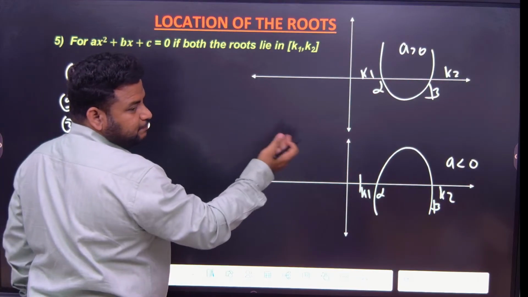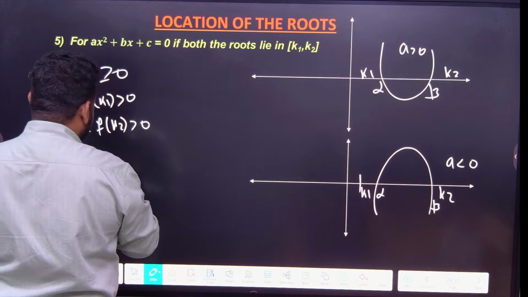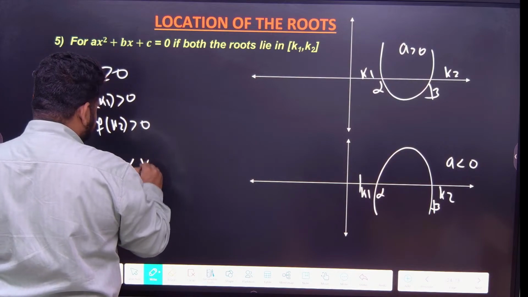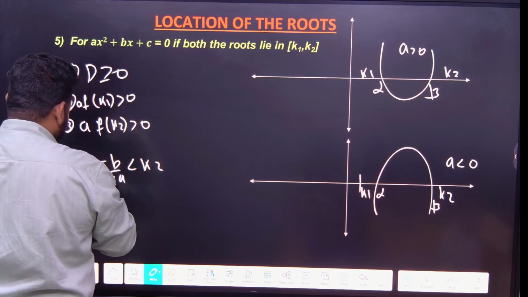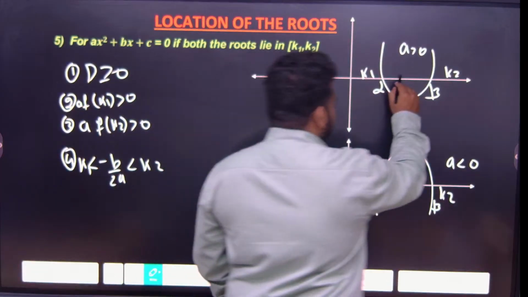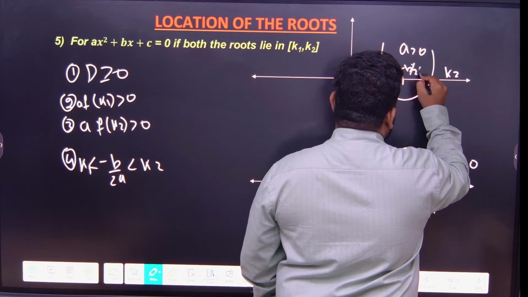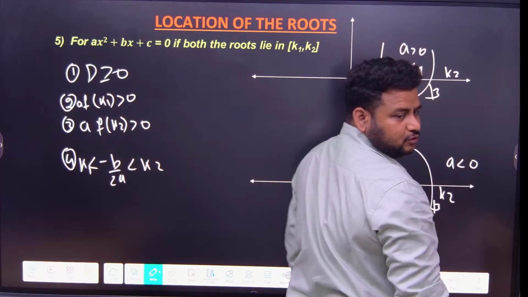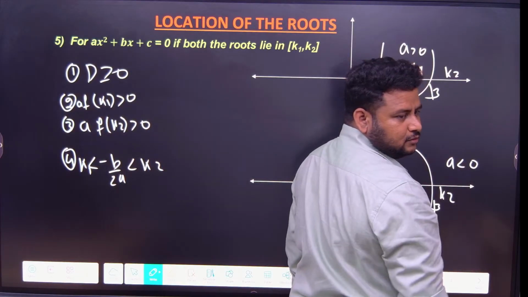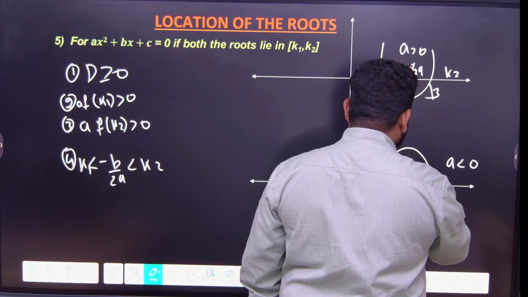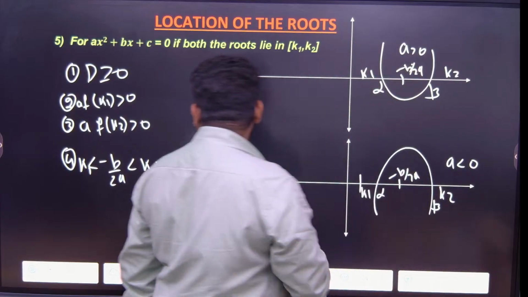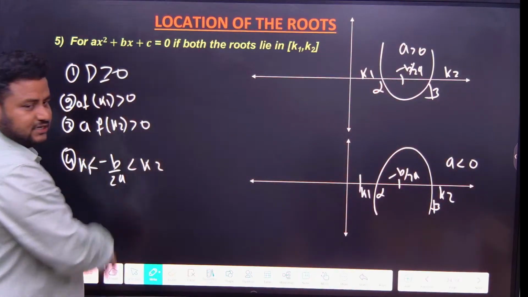Minus b by 2a, the midpoint, will be greater than k1, correct? Less than k2. So minus b by 2a will be greater than k1 and less than k2. It lies between k1 and k2. This is similar to the first and second condition.